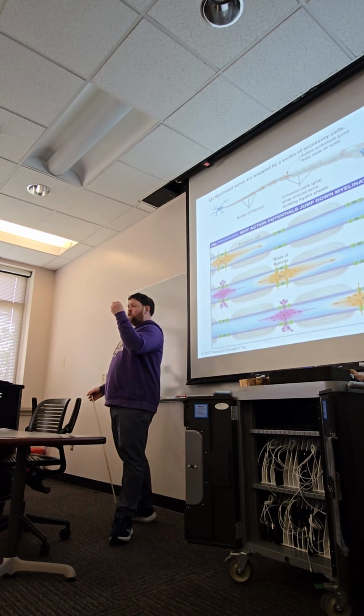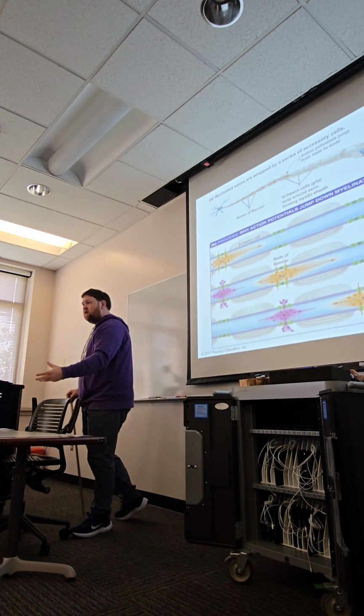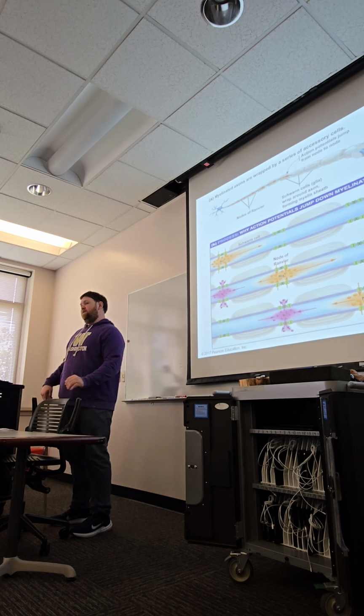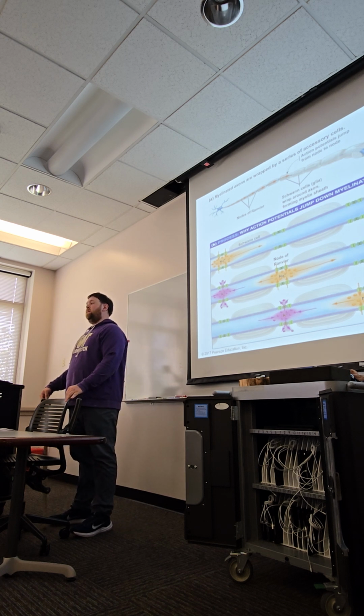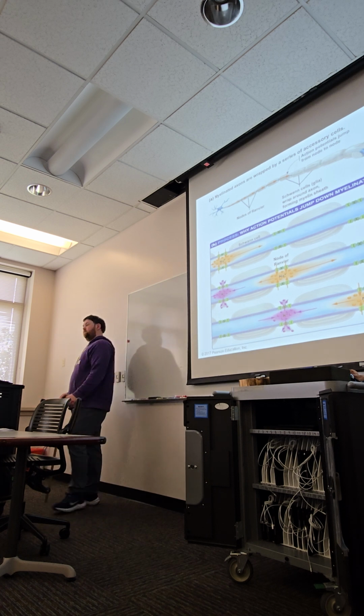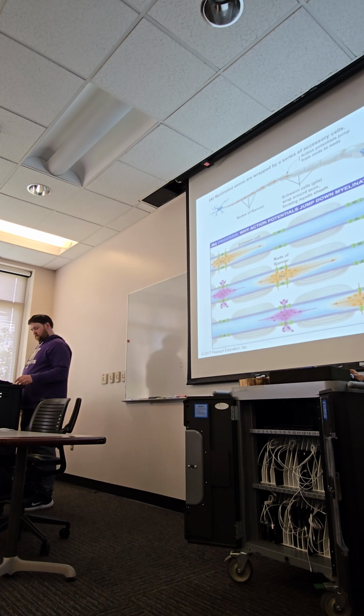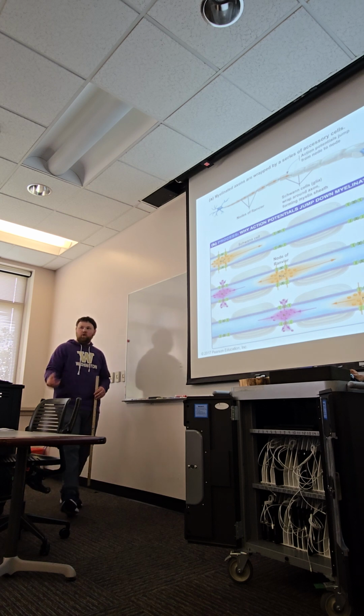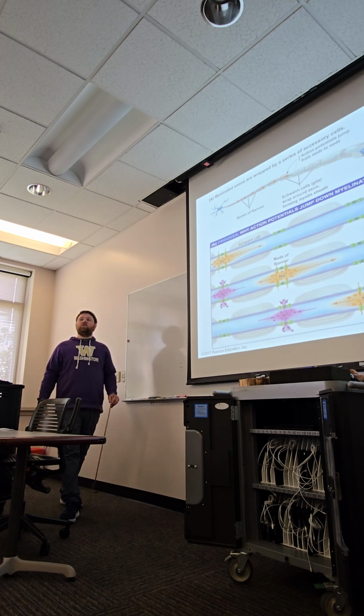So if you have a demyelination disease, which nerves are going to be affected? It's your motor neurons, but which ones first?